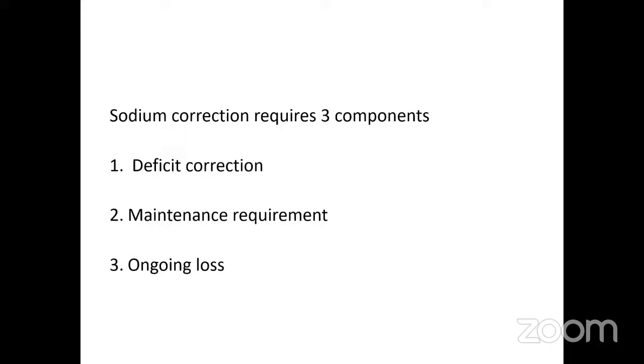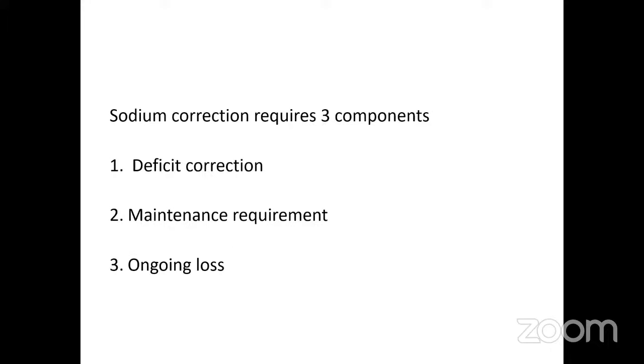Whenever there is a sodium correction happening, you have to take into consideration 3 components. It should be the deficit correction, because you want the sodium 115 to go up to normal. That is only you are correcting the deficit.